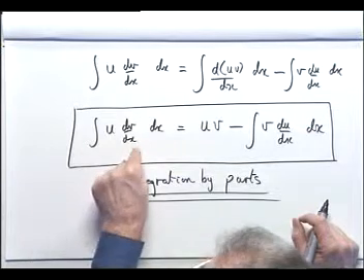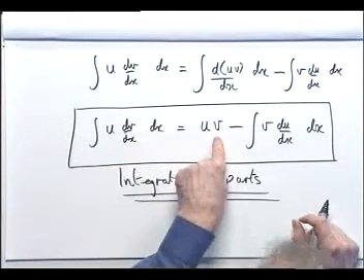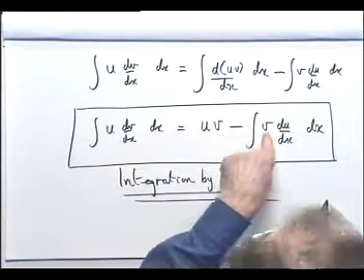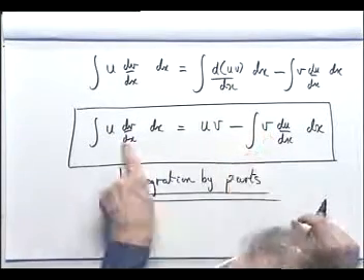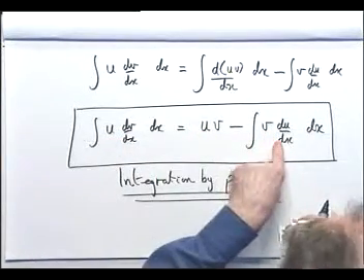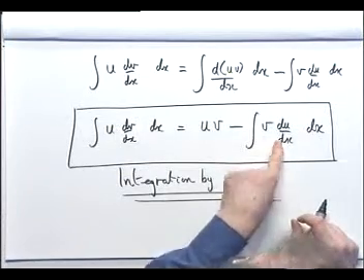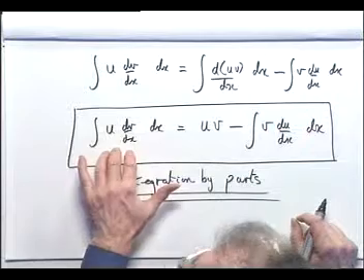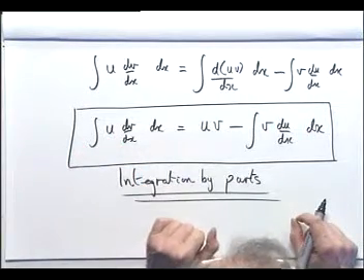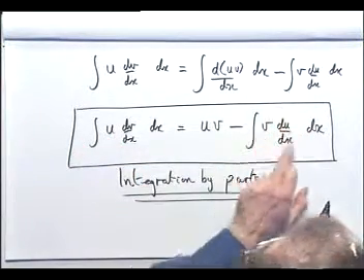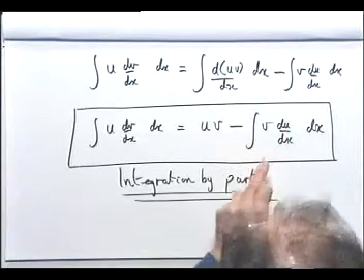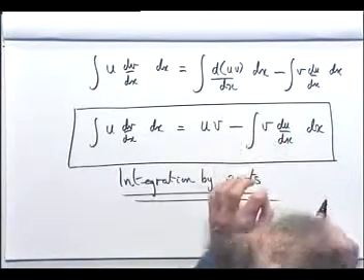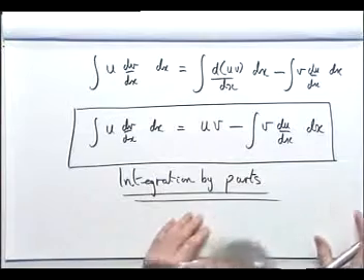So we take dv/dx and we integrate it and we put it there and we put it there. We take u, we put it there and we differentiate it here. And our hope is that starting from one product, u times dv/dx, we end up with an integral here of another product which is simpler, because we always have a choice.